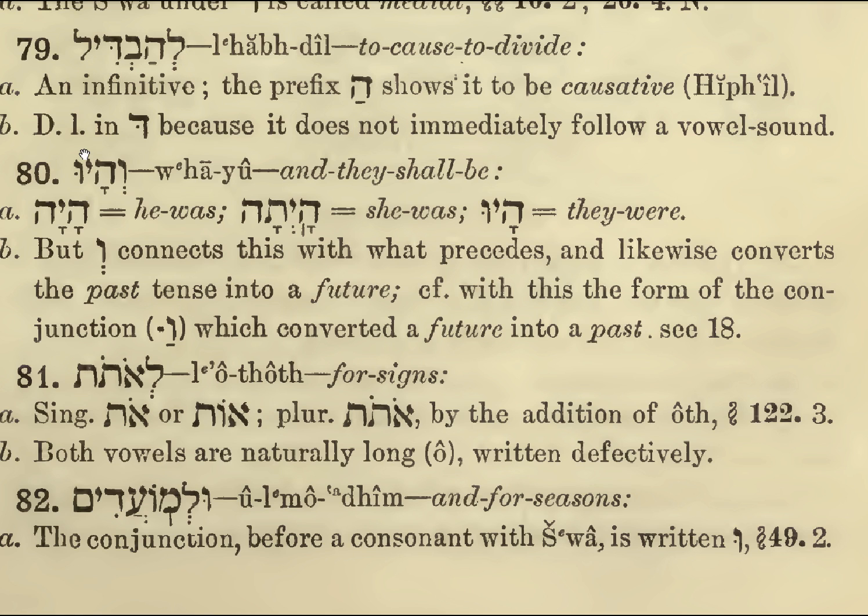There's a dagesh lene in d because it's starting off the syllable deal, and it's not directly after a vowel sound. So lahab-deal. It's not a double sound, it's a single dalet.